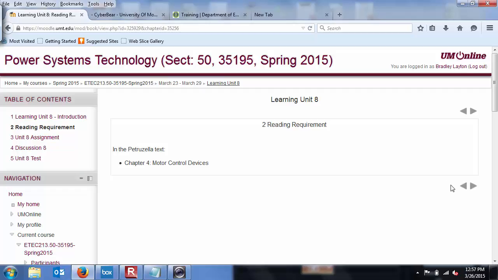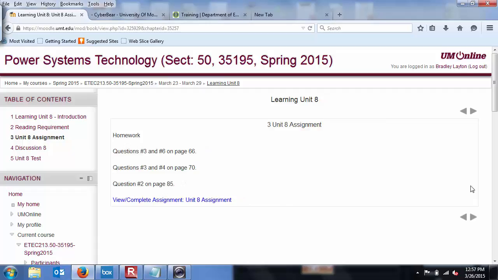Okay, so we're in Petruzella, chapter 4. Let's just look at questions 3 and 6, page 66. All right, so the first question 3, it says, what do the terms normally open and normally closed refer to when used in defining the switching action of a push-button switch?